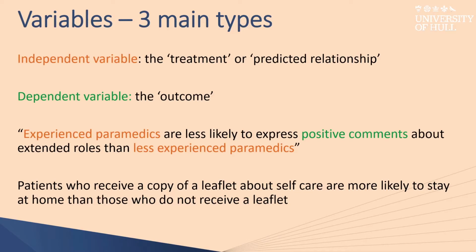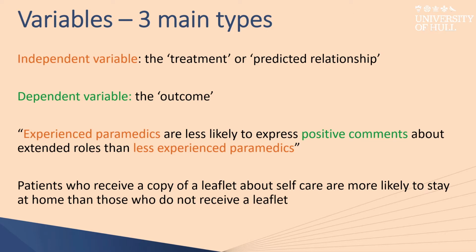So let's take a look at another research question to make sure we understand independent and dependent variables. We've got one here: patients who receive a copy of a leaflet about self-care are more likely to stay at home than those who do not. Let's try and pick out where we think the independent and dependent variable would be. First of all, let's have a look at the independent variables.